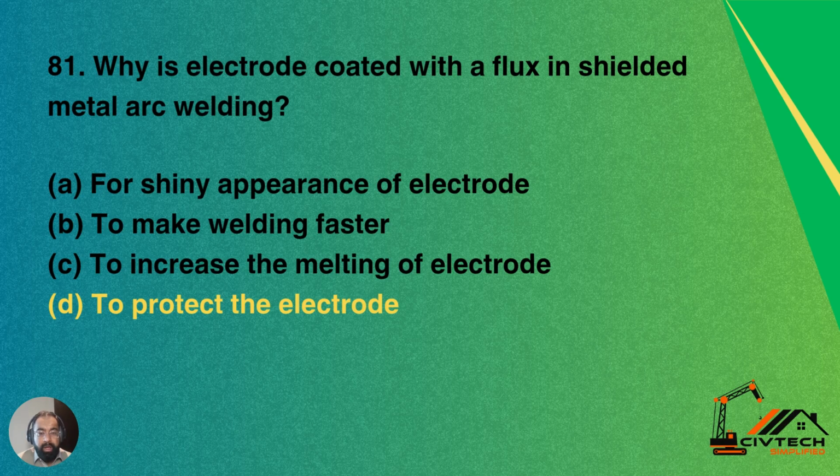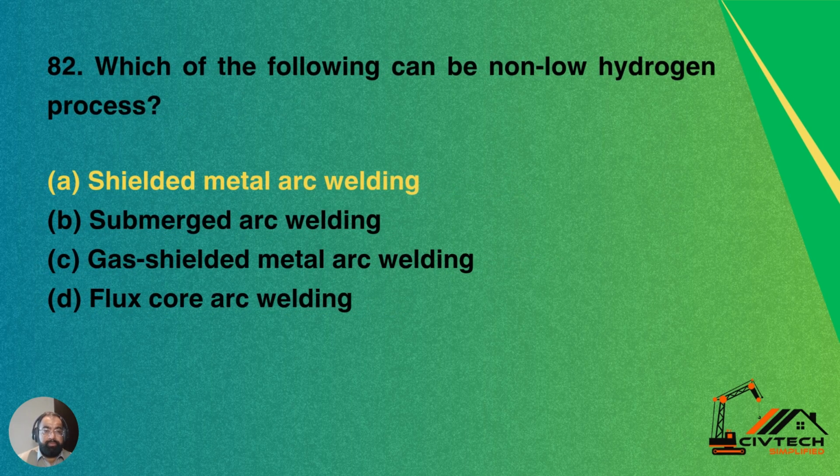Option C, to increase melting of electrode. Option D, to protect the electrode. So D is the correct answer. To protect the electrode, we coat it with the flux. So D here is the correct answer for this question.